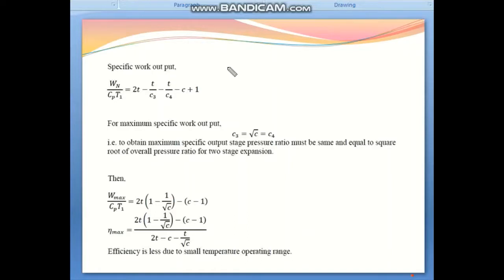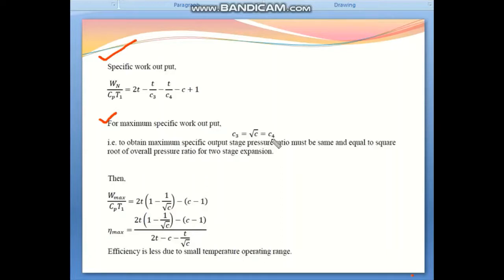So the specific work output becomes Wn by Cp into T1 equals 2 into T, T by C3 minus T by C4 minus C plus 1. To gain the maximum specific work output, we have to assume C3 equals C4, that means it's a geometric progression series.